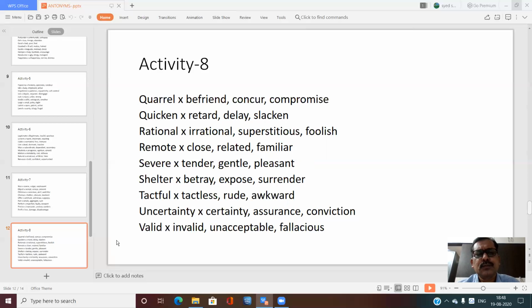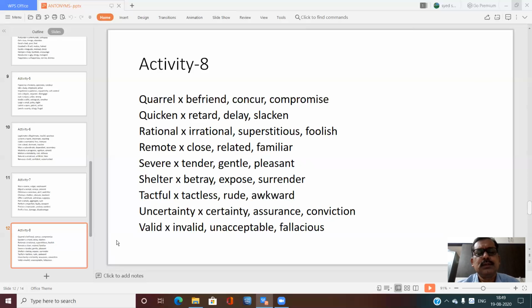Quicken. Opposite word: retard, delay, slacken. Slow, you can say. Retard, the growth that is retarded, mentally retarded, we say. Mentally challenged. Delay, slacken, make slow the movement that is slackened.